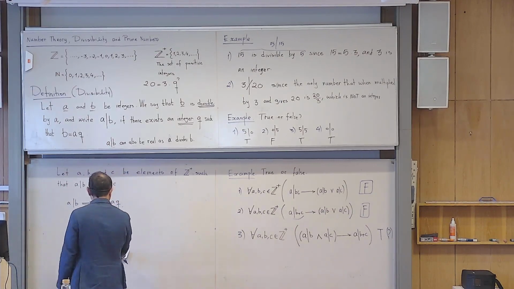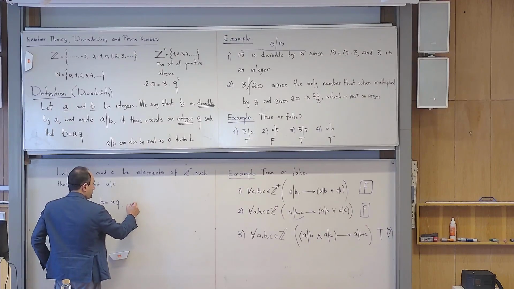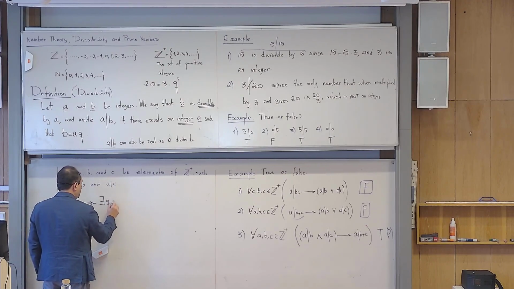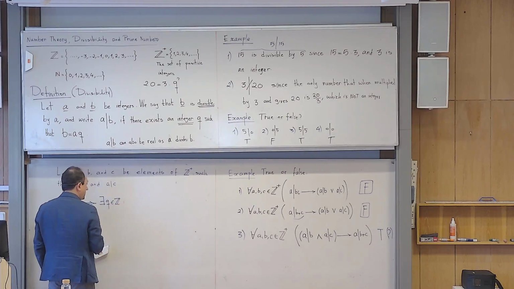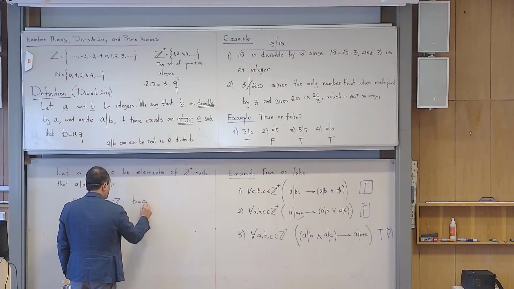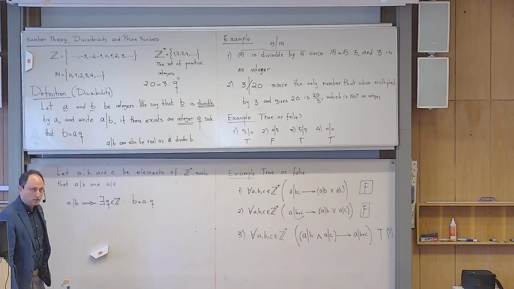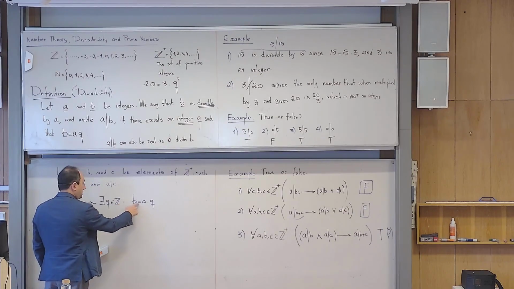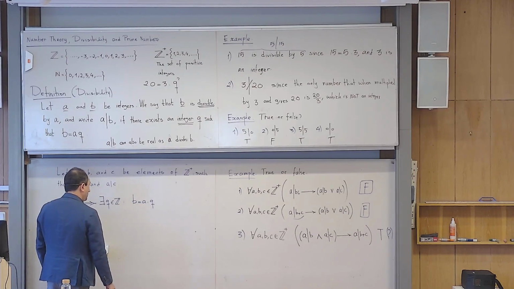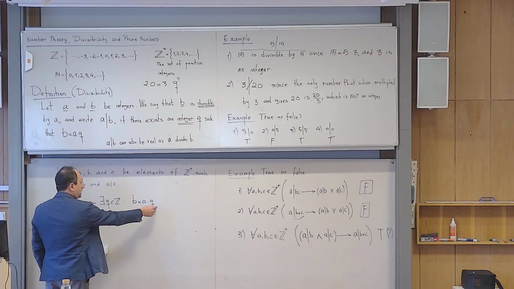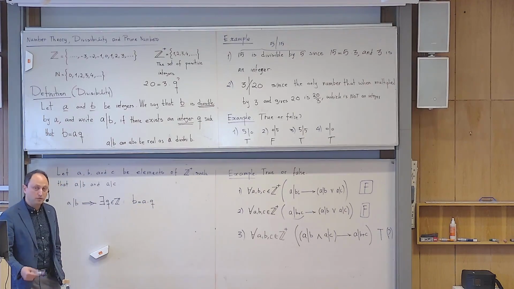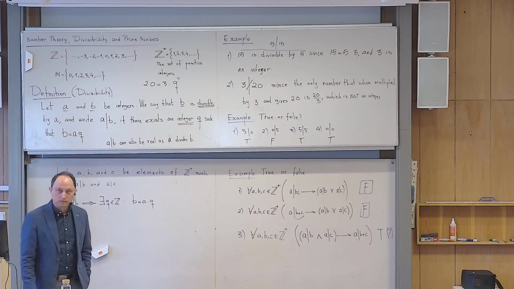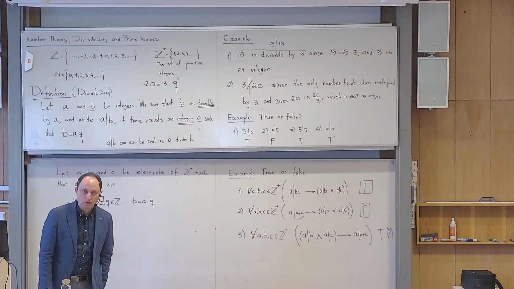So instead of writing that, you either write it with words, for some integer Q, but we also learn this quantifier. So there exists a Q in Z such that B is equal to A times Q. If you prefer to write it like this, it is read, there exists a Q in Z such that B is equal to A times Q. Or you can say B is equal to AQ for some integer Q. If you want to use a symbol, or if you want to write for some integer Q, it's completely okay.